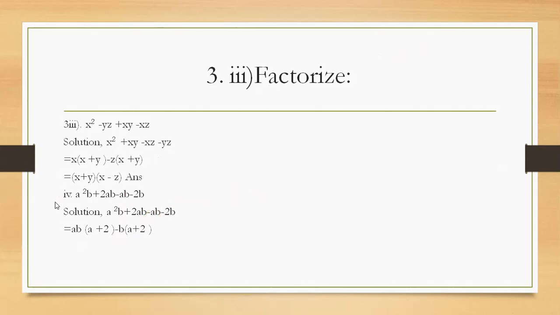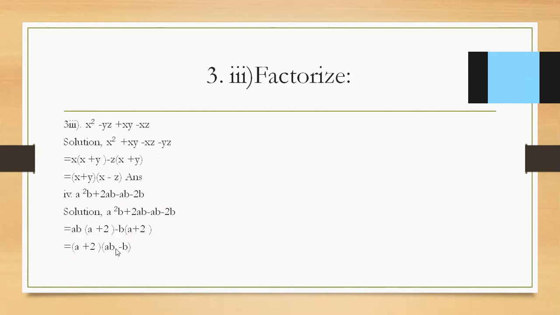Yes, sir. What is common now? Can you tell? Subodhini, can you tell? Now A plus 2 is common. Yes. Take A plus 2 common. What is remaining here? AB, here remaining B.